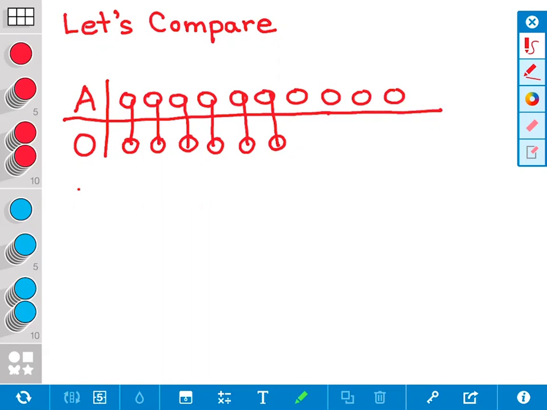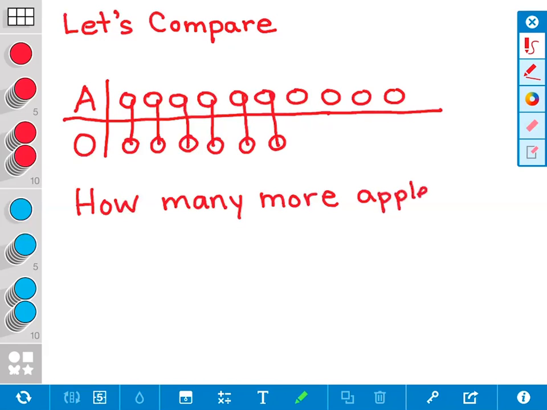And now if I had the question, how many more apples are there than oranges?